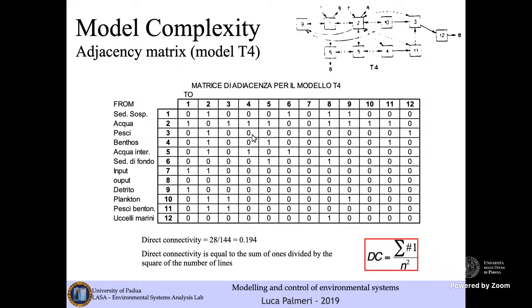We will have a 0 in the adjacency matrix if there is no interaction, and a 1 if there is interaction. So this is a way of describing how a system is connected, or how the elements of a system are connected among each other.